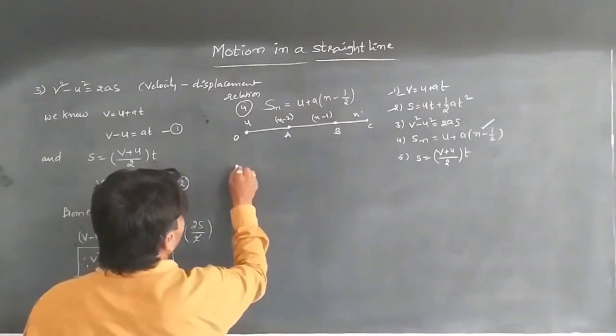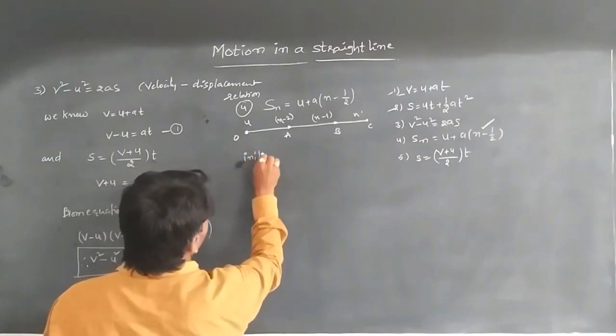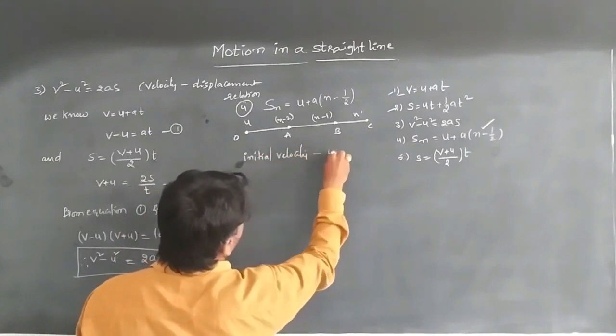Just write that the initial velocity is u.